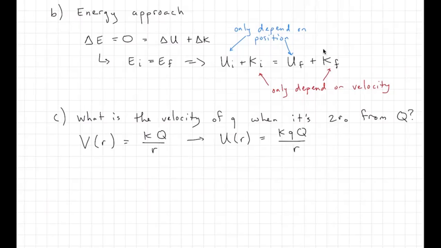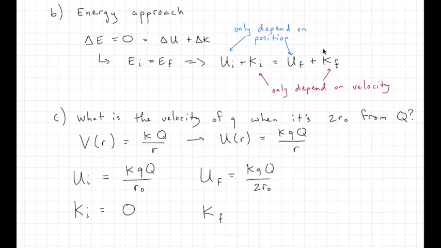So the potential at that spot is kqQ over r0. The kinetic energy at that spot is 0 because we're releasing little q from rest. After little q gets to 2r0, the potential is kqQ over 2r0.